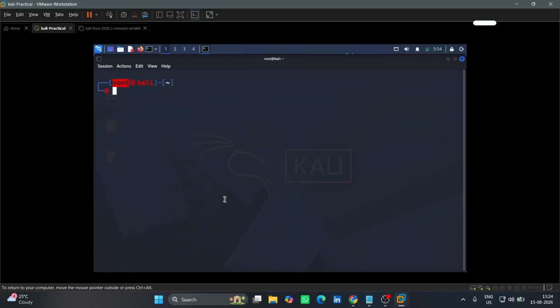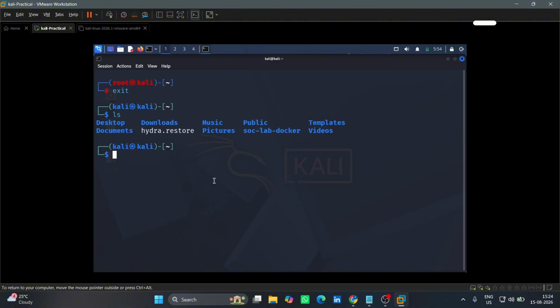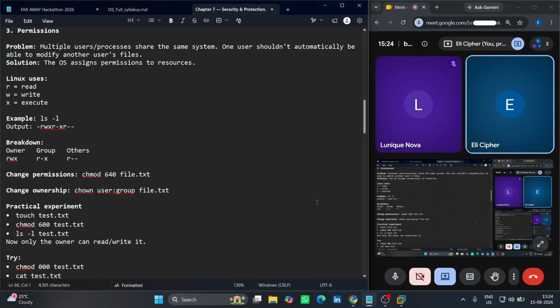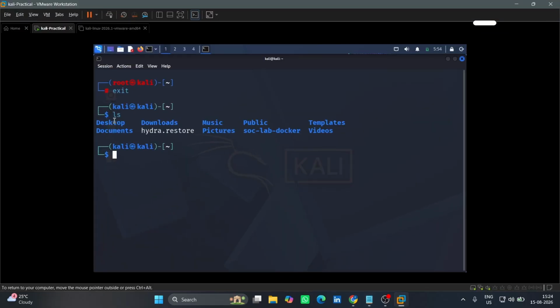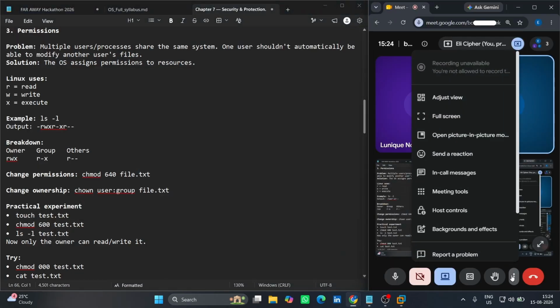Just tell me. What does ls do here? When I write ls and execute it, what does it do? Tell me about that.